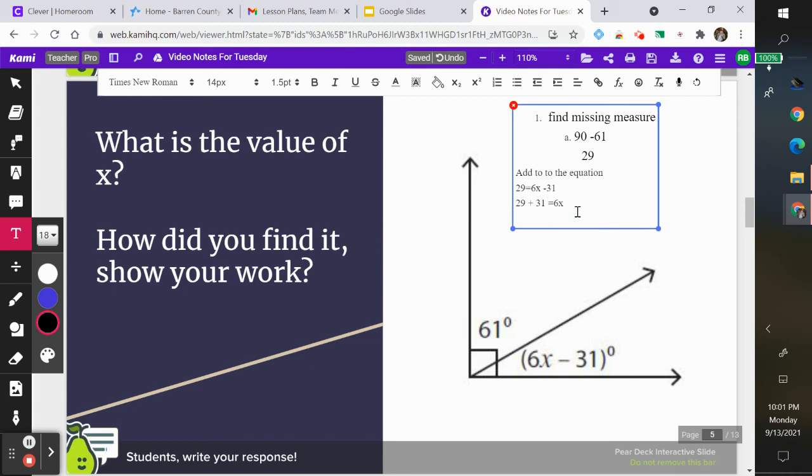I added 29 plus 31 because again, it was the inverse operation. So I end up with 60 is equal to 6x. Then I'm going to do 60 divided by 6 equals x, because again, that's that inverse operation. I end with 10 equals x. Okay, that's my answer there.